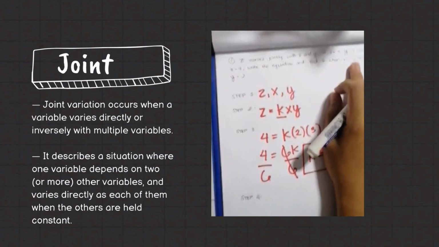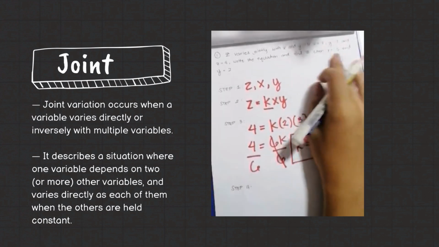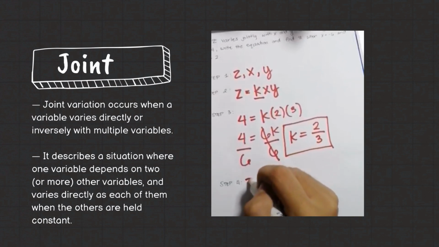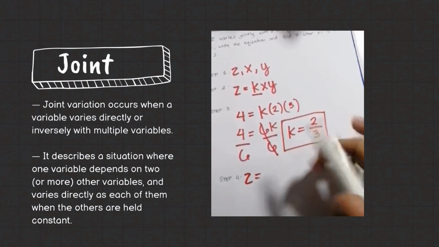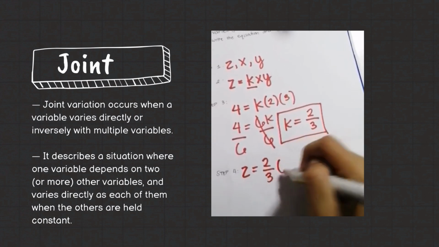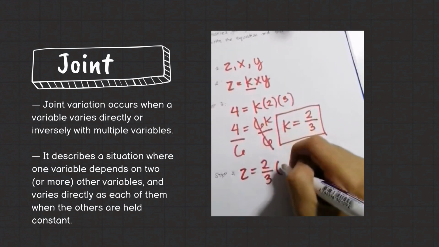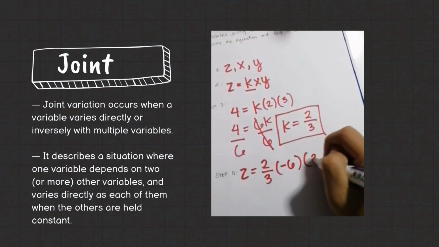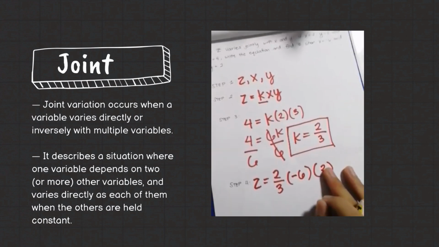Now let's proceed to the last one, which is to find z when x is equal to negative 6 and y is equal to 2. So again, z is equal to 2 over 3, the k, multiplied by negative 6 and multiplied by 2.